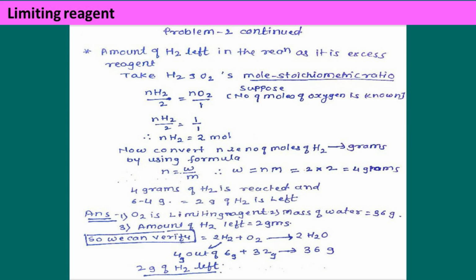How many grams of oxygen were taken? 32 grams. How many grams of product is formed? 36 grams. Out of 6 grams of hydrogen, how much was used? 4. So 4 plus 32 is equal to 36. And how many grams of hydrogen is left? 2 grams of hydrogen is left.